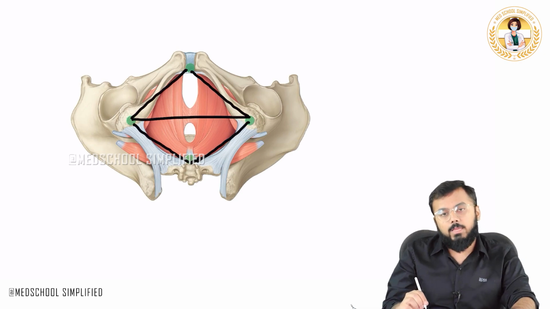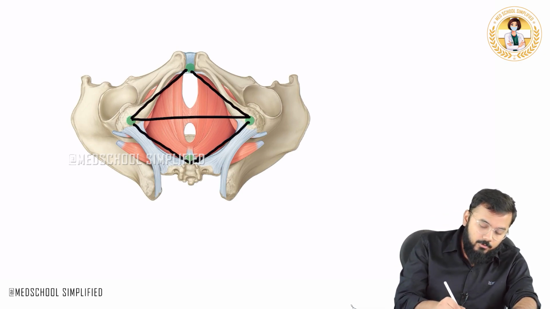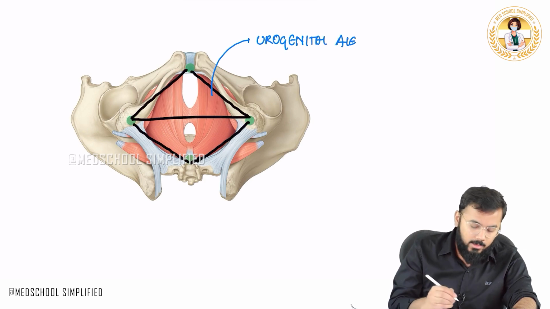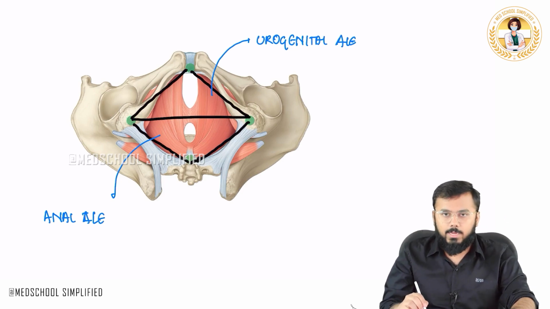This triangle which I am drawing right now is called your urogenital triangle. Beneath the urogenital triangle, another triangle I am drawing is called your anal triangle. The top one is the urogenital triangle, and this one is your anal triangle.